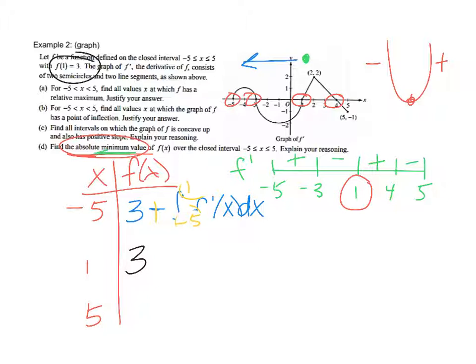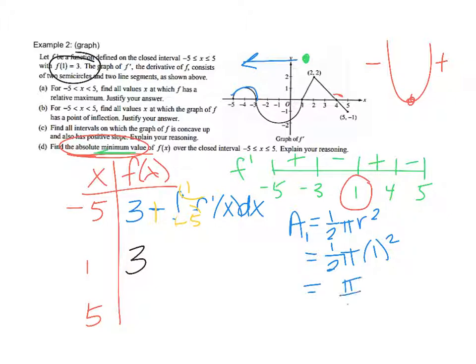And then let's find that integral from -5 to 1. Well, that just means that I'm finding the area under the curve of this f prime graph. So this is a semicircle. Semicircle area formula is 1/2 pi r squared. This is the first semicircle I'm doing, so I'm going to do A sub 1 equals 1/2 pi times the radius here. Well, it's 2 across the diameter, so that's 1 squared. So this is just pi over 2.